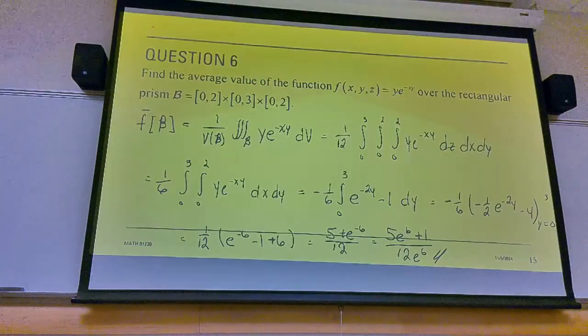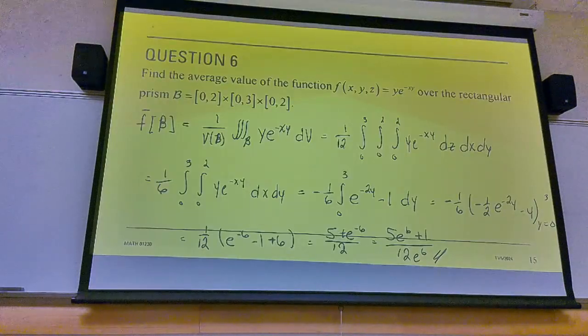Questions on triple integral? It's nothing different, right? It's just an added step. By the way, when we took this double integral of a function, what were we finding? Area. Double integral of a function. What is it? Close. Signed volume. So what do you think a triple integral represents?